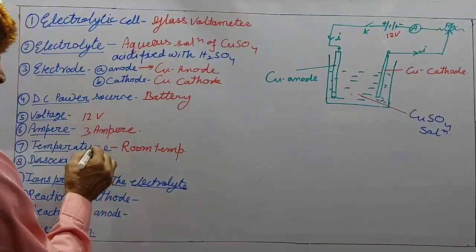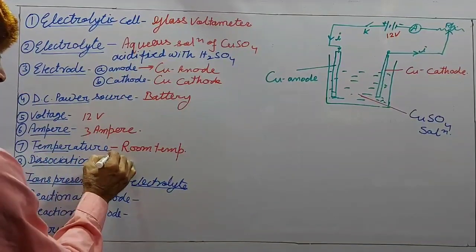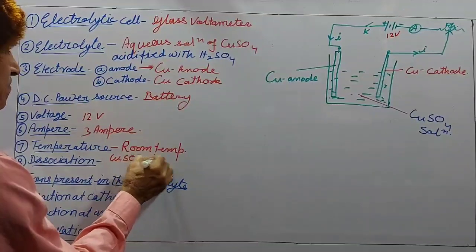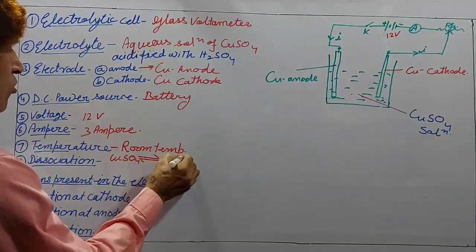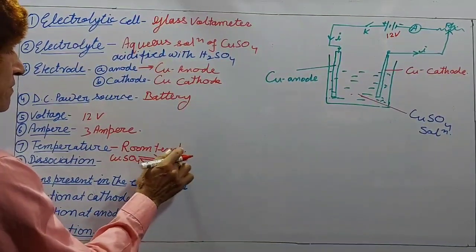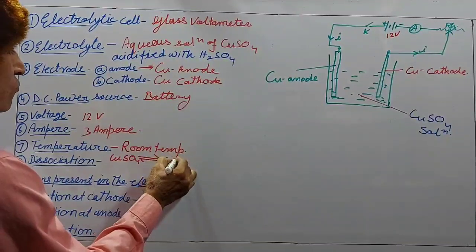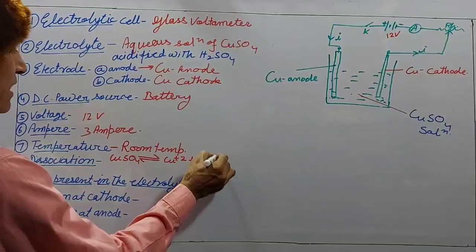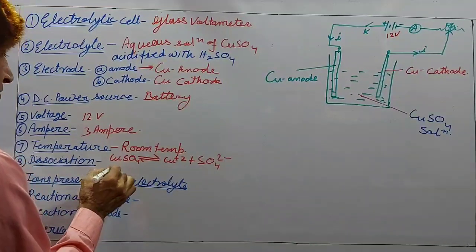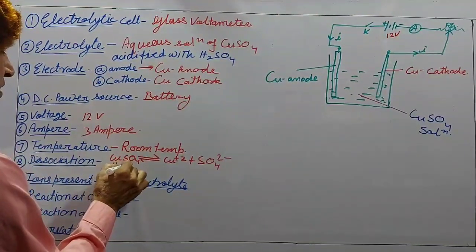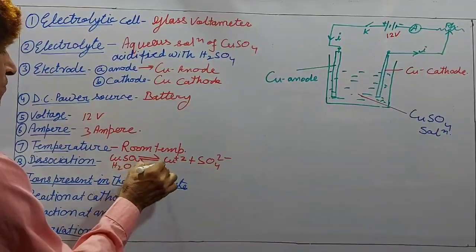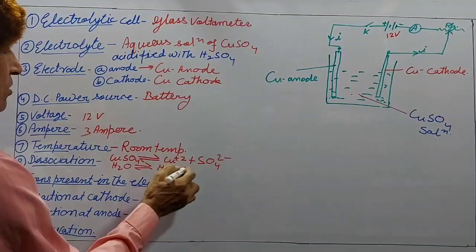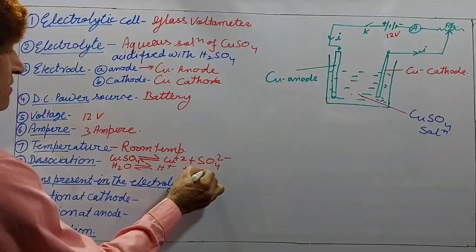Dissociation. In this case, copper sulfate in aqueous solution undergoes dissociation to form copper ions and sulfate ions, and water is also there. It will dissociate into H plus and OH minus ions.